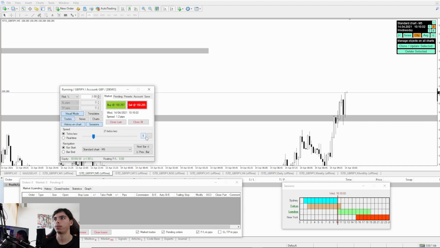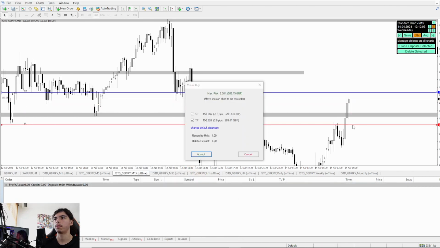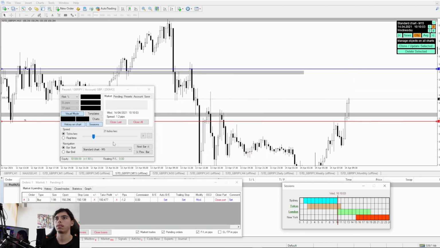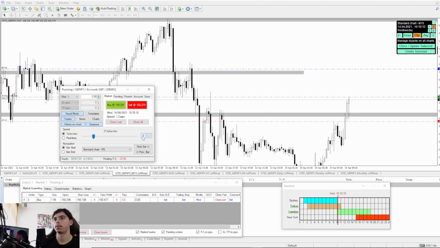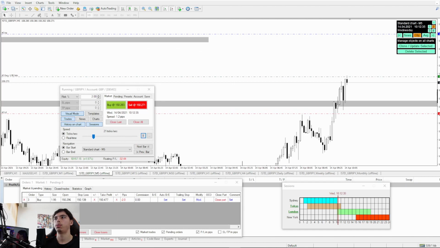Come on, don't push, don't push. Alright, what did it close? That was the 5-minute close. Yeah, we'll take a buy from this area. Should have entered there, but you know what to do. 1 or 2 pips.